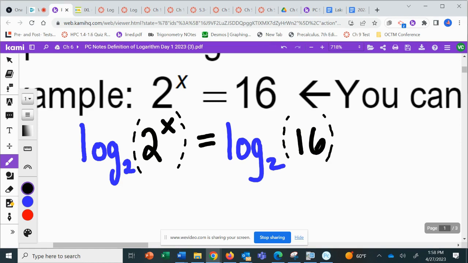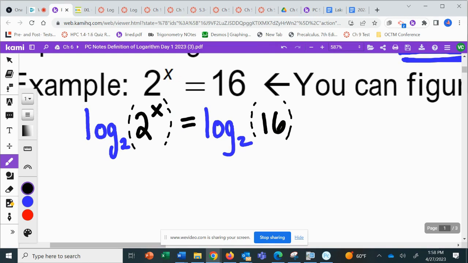All right. Now, before I go on, I'm going to need to do this eventually. So I'm going to do it now, but we'll learn why I do it eventually. 16, I would like to write 16 as a smaller number to a power because I'm going to have to do it eventually.